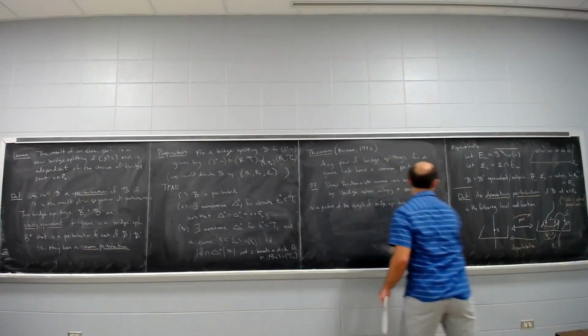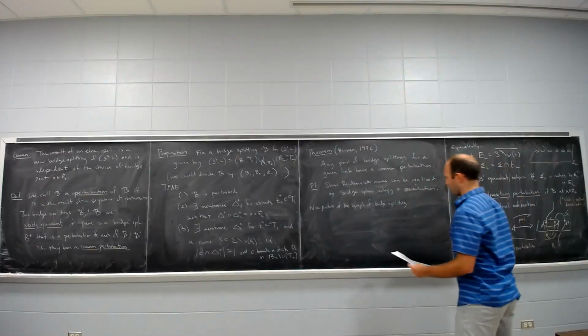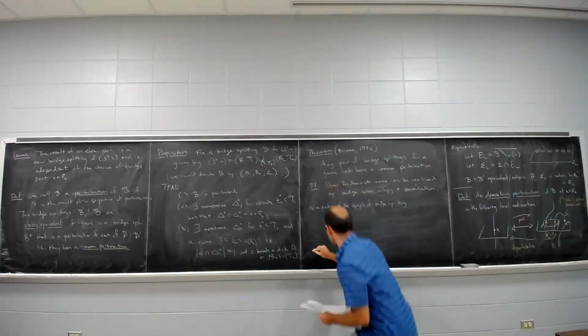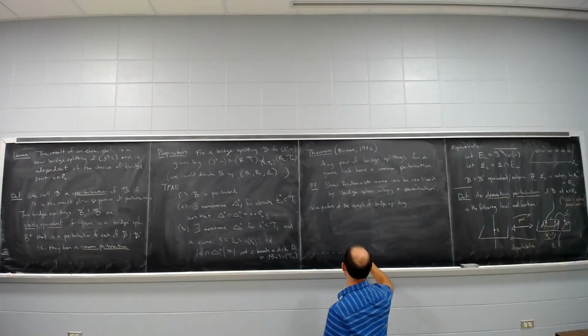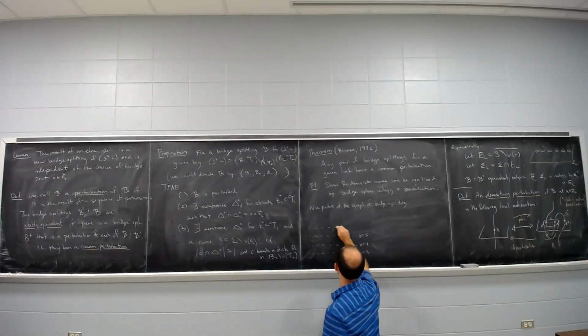Maybe I'll come over here and draw. So we have all these levels corresponding to different bridge indices. Maybe I'll start this example at 3 because that's where things seem to get exciting.